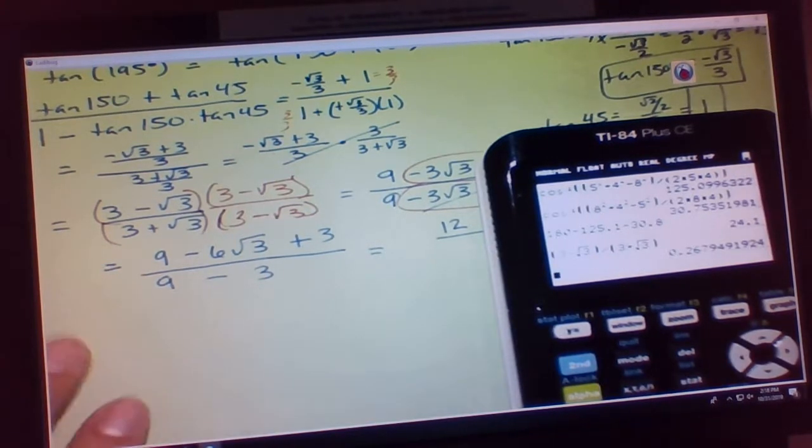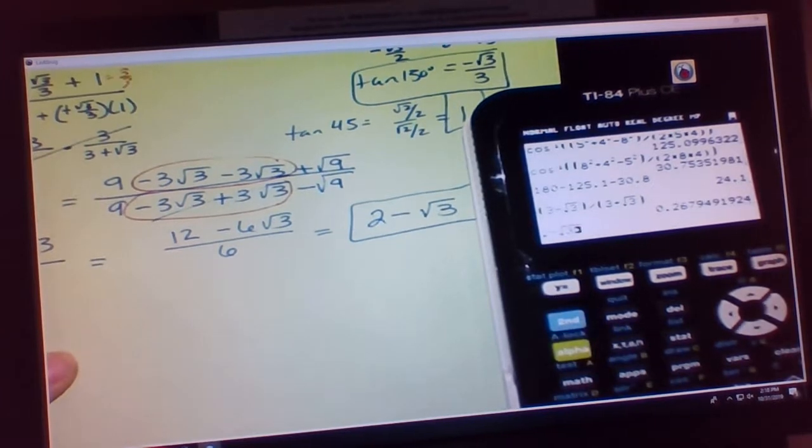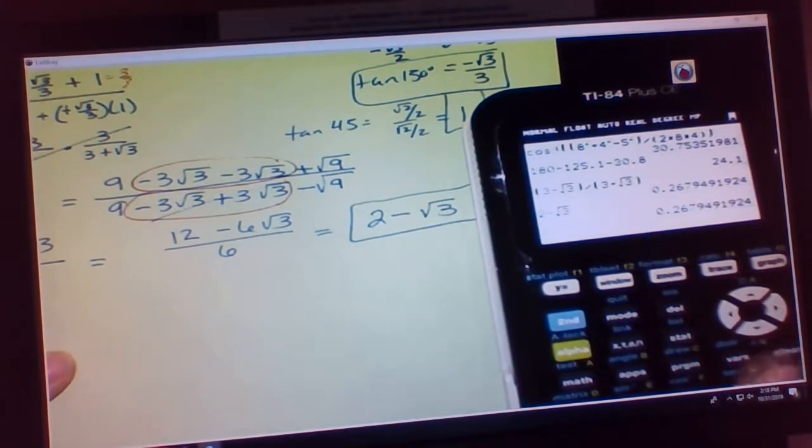So that's what I get. So if I enter my final answer, which is 2 minus the square root of 3, is it the same thing? Yes.